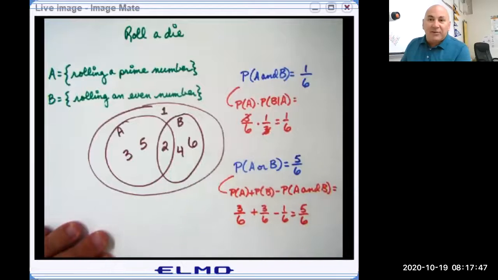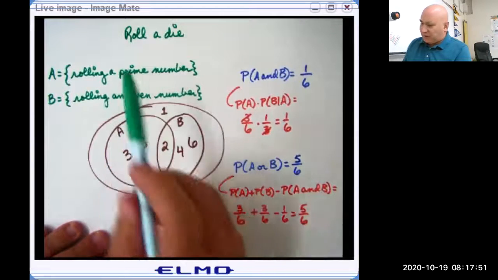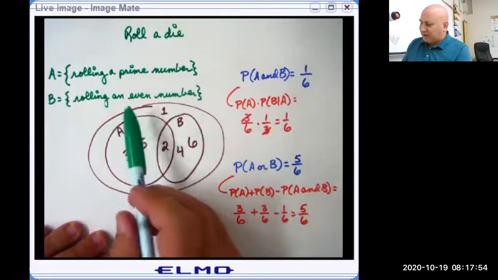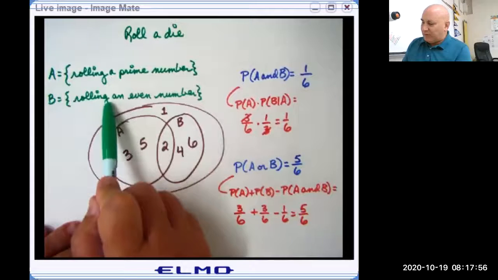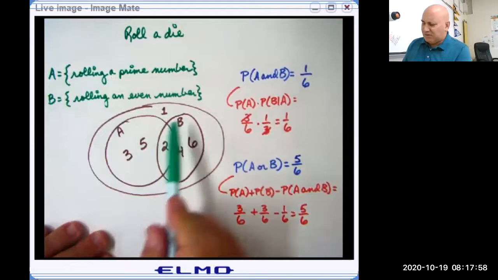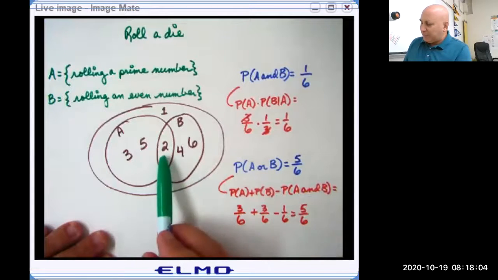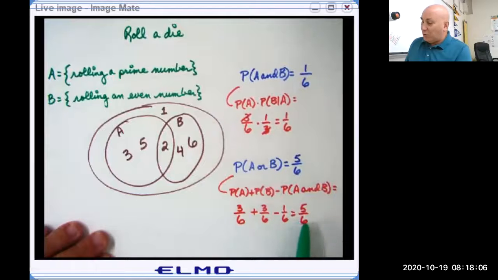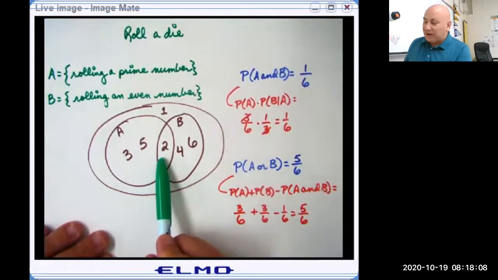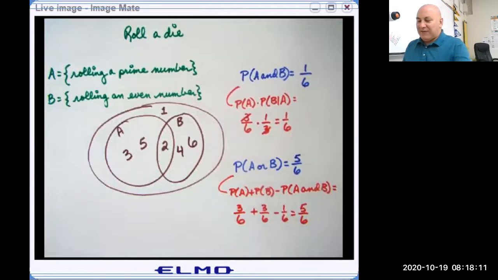Now you can't just stop there because that's 6 out of 6 or 1. And you can't say that there's a 100% chance of getting a prime or an even because there's still 1 out there. So you can see that we actually do have to subtract out the overlap, because it was counted twice, to get 5 out of 6.